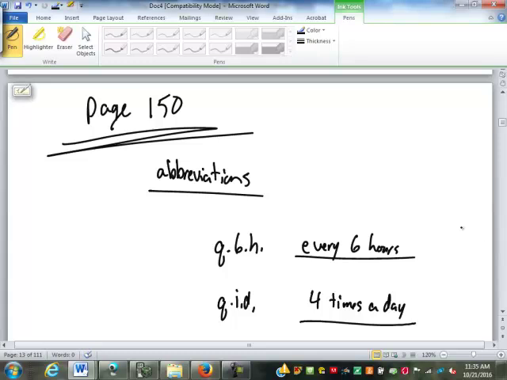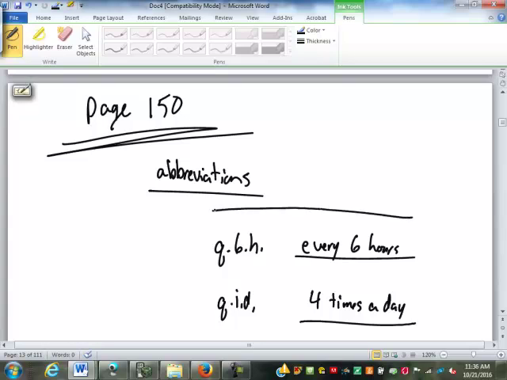Because now that we're moving into actually calculating the size of dosages, one of the things we're going to look at is, is it a safe dose? Often your safe doses are given in the amount of medication a person can receive per day. Knowing how many times per day it's given is going to allow you to do that calculation to see if it is a safe amount of medication.